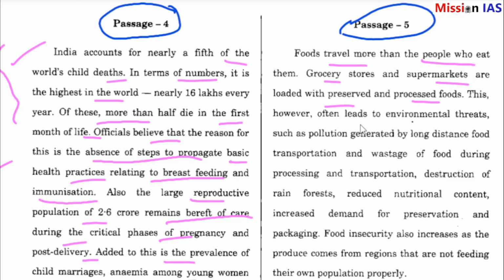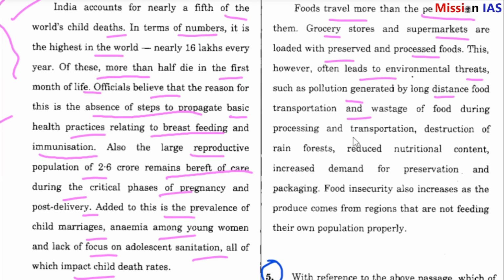This, however, often leads to environmental threats such as pollution generated by long-distance food transportation, wastage of food during processing and transportation, destruction of rainforests, reduced nutritional content, and increased demand for preservation and packaging. Food insecurity also increases as the produce comes from regions that are not feeding their own populations properly.